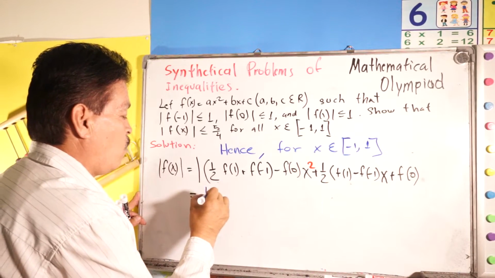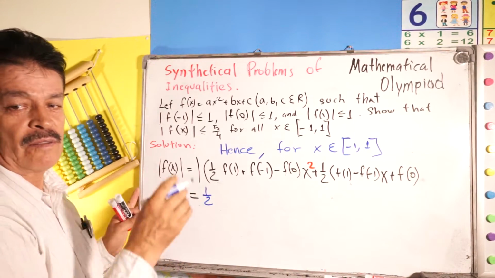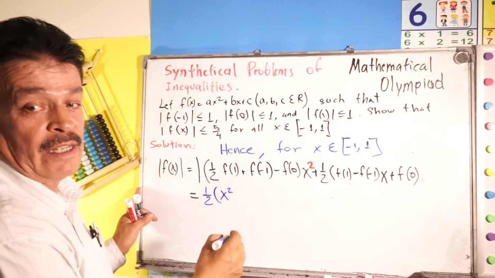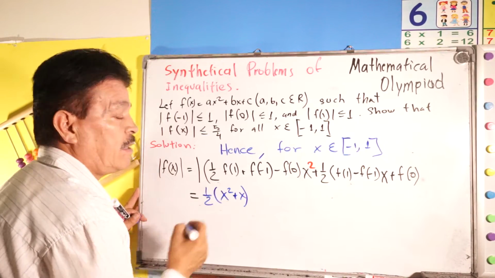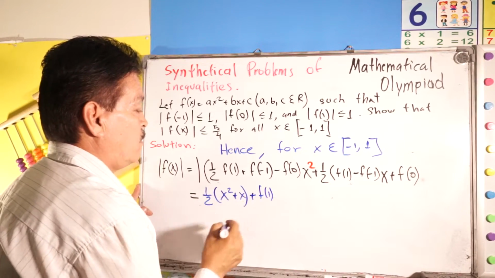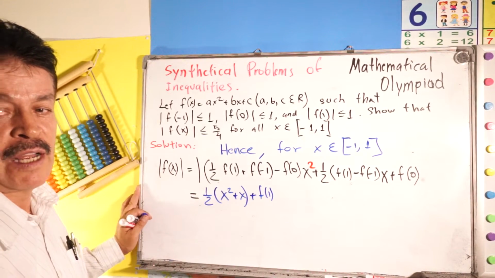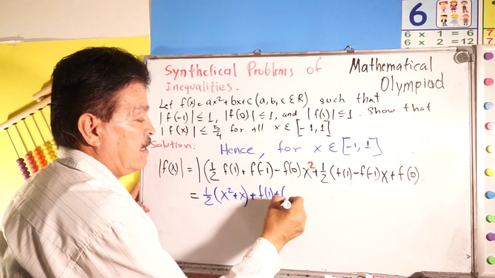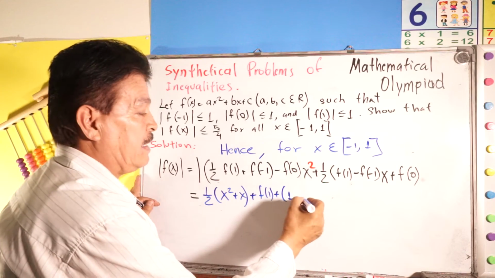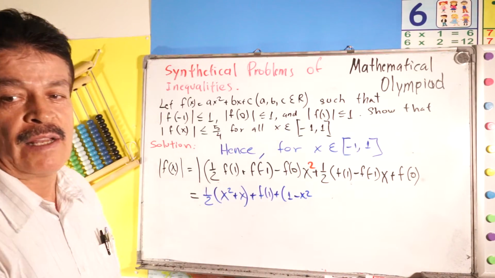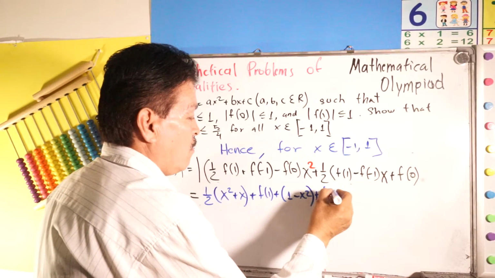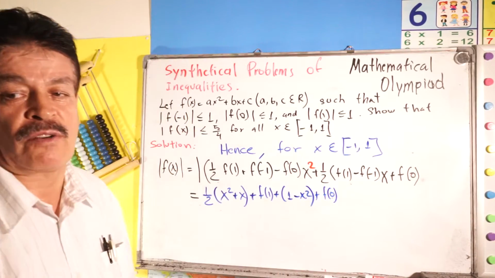We will have 1/2 times x squared plus x, times f(1), plus 1 minus x squared, times f(0).